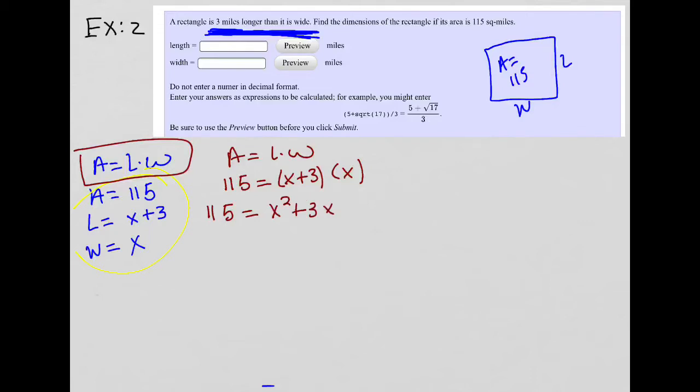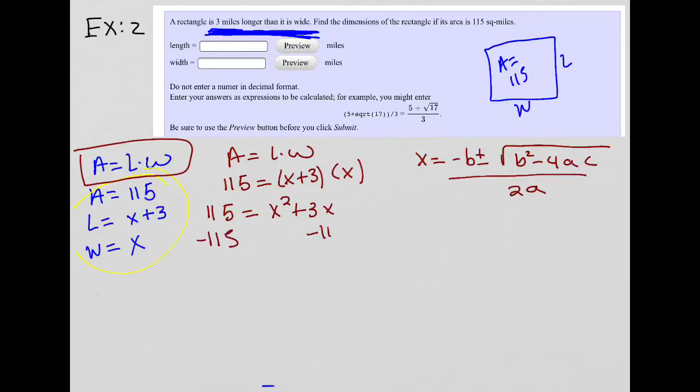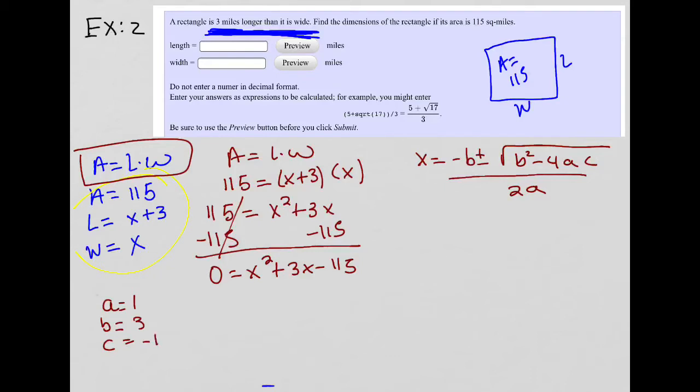And know that we are using the quadratic formula to solve this, so I'm going to write this here. Now I need it to be equal to 0, so I'm going to subtract the 115. So now again, what are my A, B, and C? A is 1, B is 3, and C is negative 115.